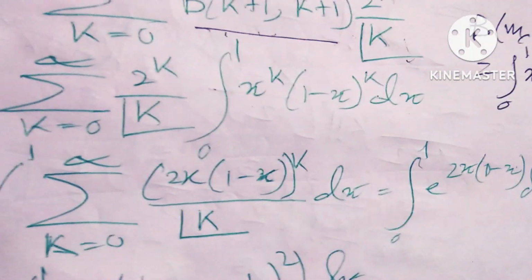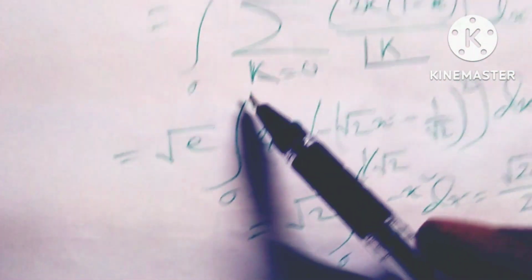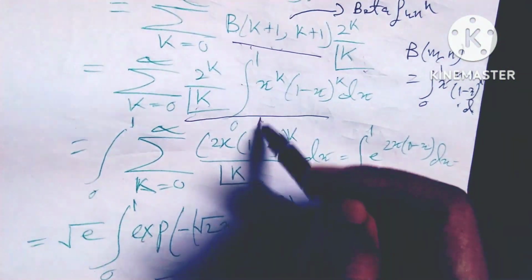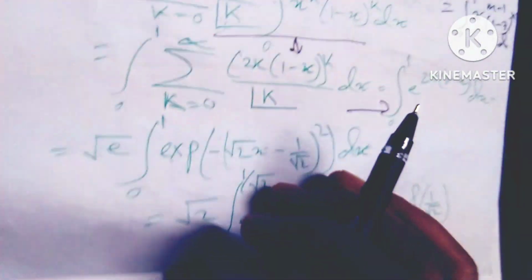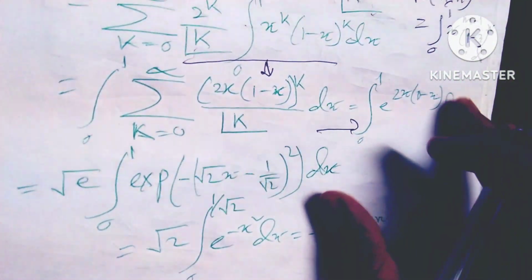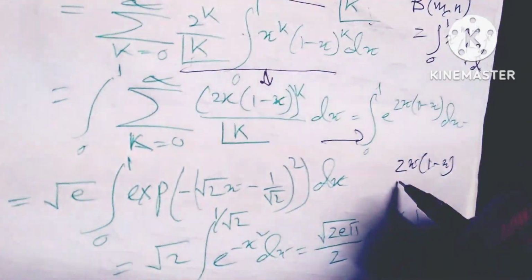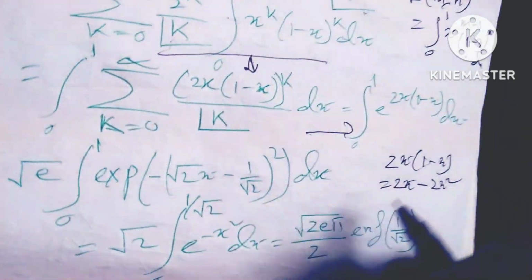After that I get this formula, and 2x into (1 minus x) can be written as 2x minus 2x square.